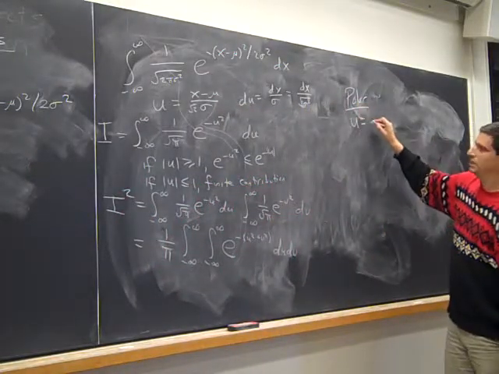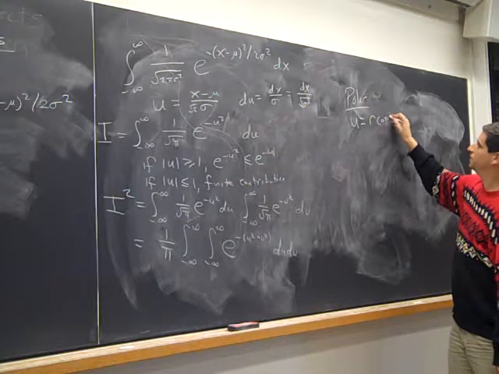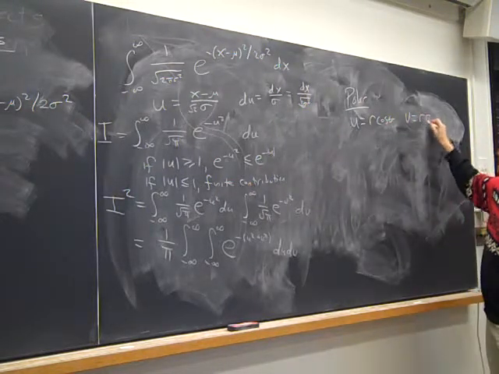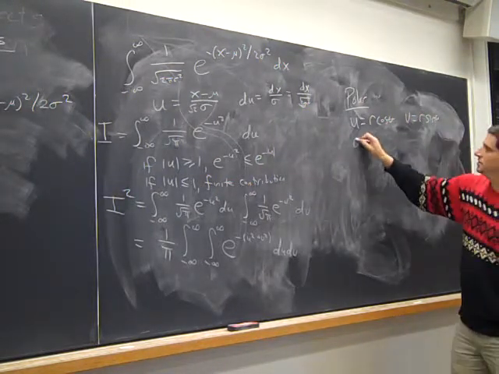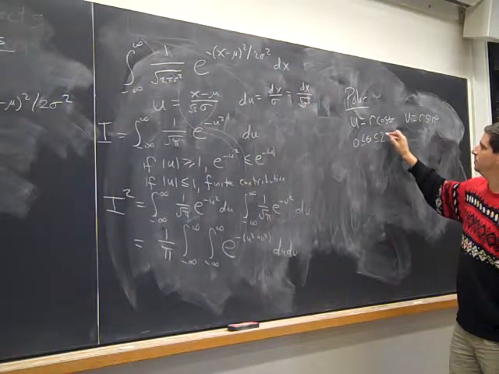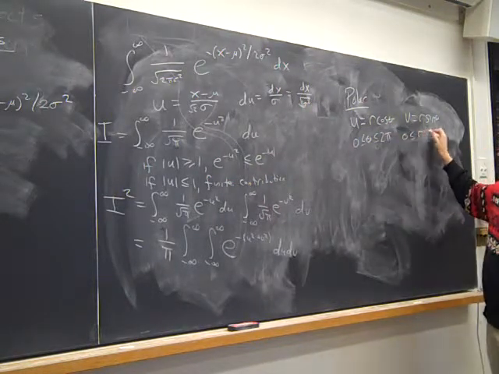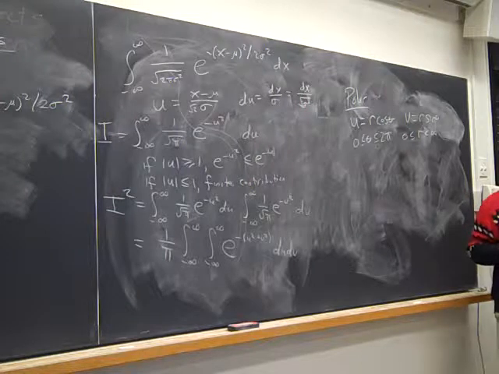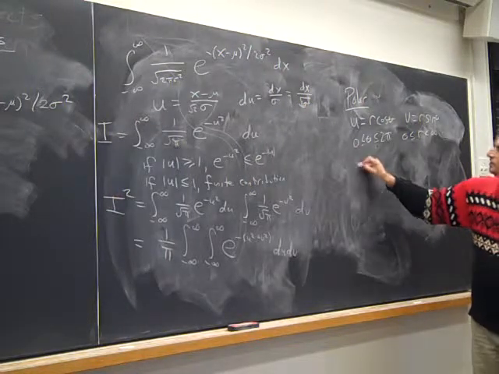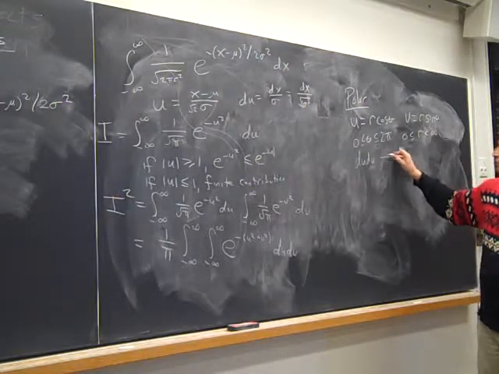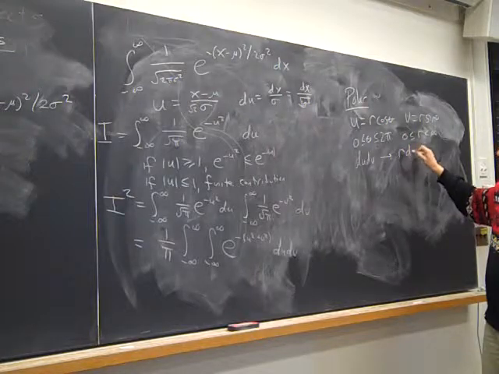So let's let u equal r cosine theta, v equals r sine theta, 0 less than or equal to theta less than or equal to 2 pi, 0 less than or equal to r less than infinity. And we learned that du dv transforms to r dr d theta.